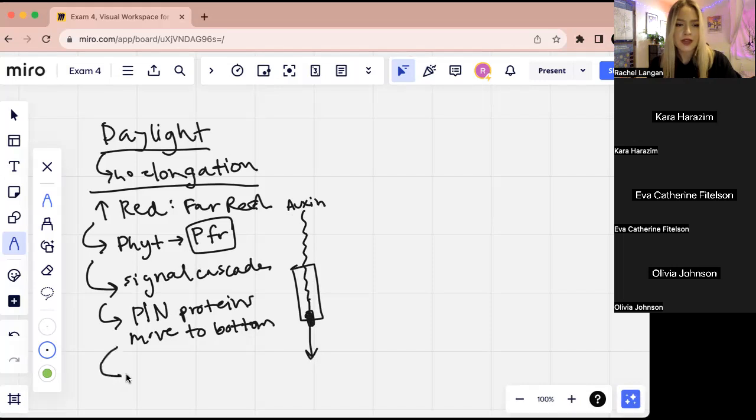So because of that, auxin doesn't build up in the shoot. So no auxin accumulation in the shoot.